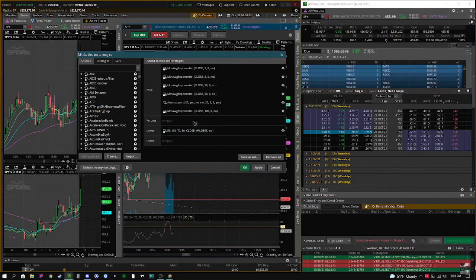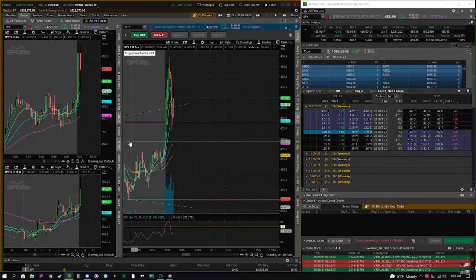But for tonight, we're going to keep it simple. So there's that. I also have an auto support and resistance map that is a study that you can load into this program. I have it listed in the Discord under helpful trading tools.